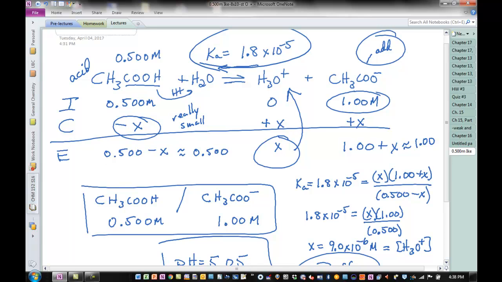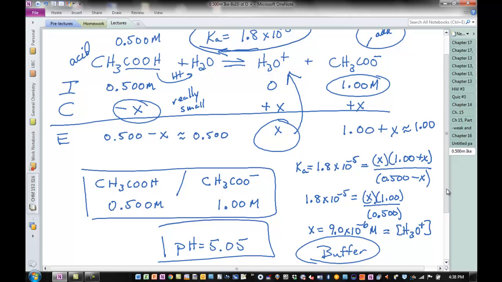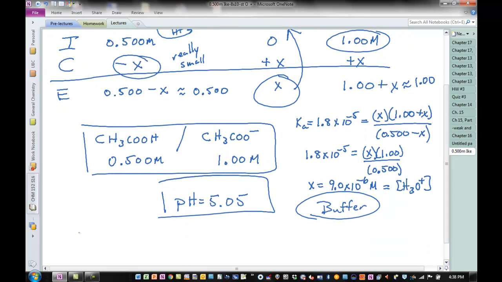Now, what do we mean by a buffer? What is a buffer? Well, so let's define that.